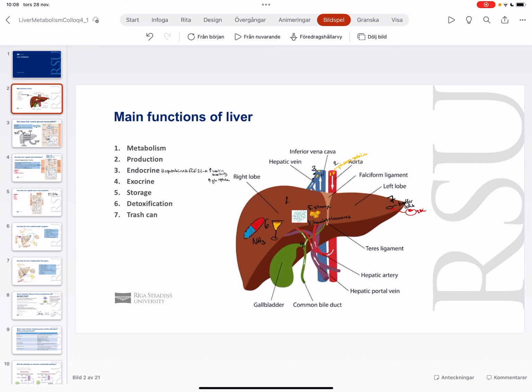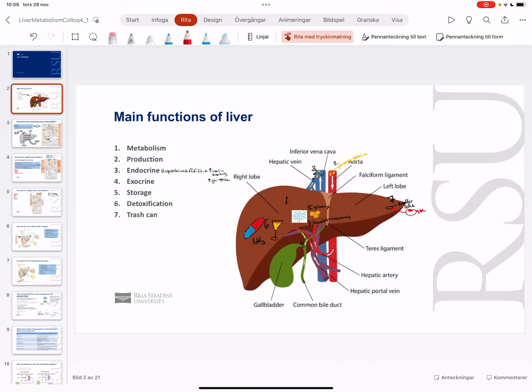The third thing is the endocrine function of the liver, in which it releases hormones or hepatokines. FGF21 is such a hormone that will increase insulin sensitivity of the cells around it, or in the human body, and also increase glucose uptake.